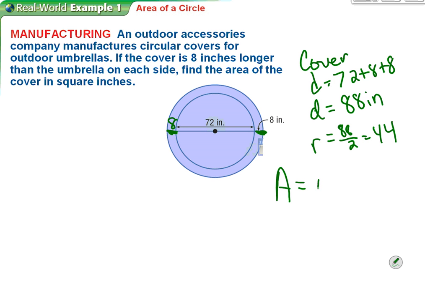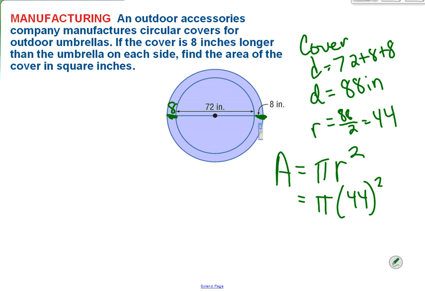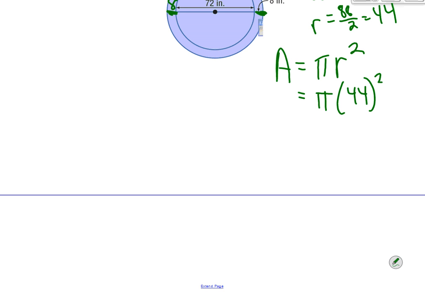So area is pi r squared. And so pi times, in this case, 44 squared. And so when we square 44, tell us what you got there, Jason.